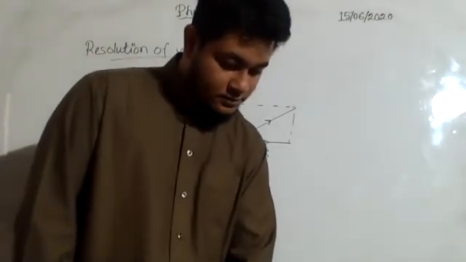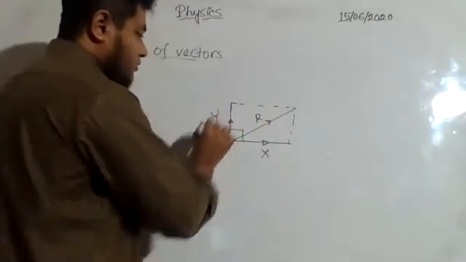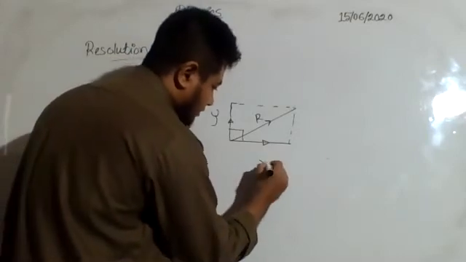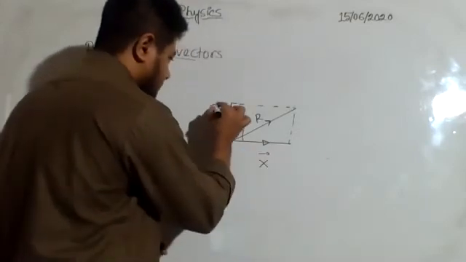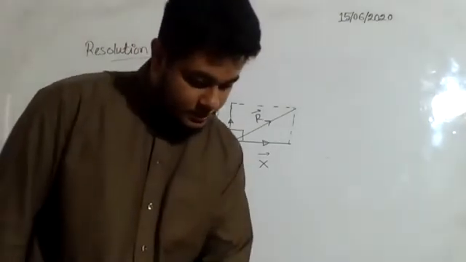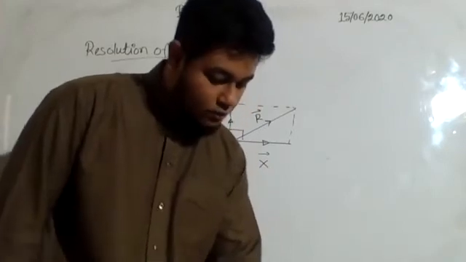So this is the vector R, which has been resolved into two perpendicular components, x and y. As it is a vector, I should be putting arrow marks. Do not forget to put the arrow marks. One component of R is OA.